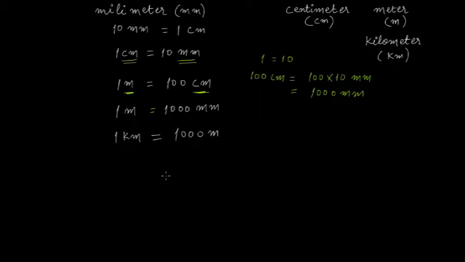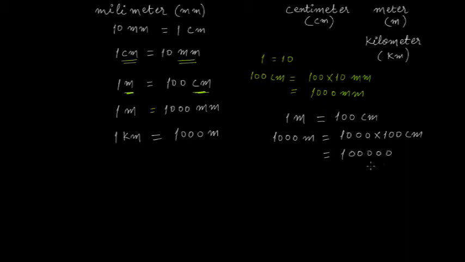Now since 1 meter is equal to 100 centimeter, 1000 meter would be equal to 1000 into 100 centimeter. 1 meter was equal to 100 centimeter, therefore 1000 meter would be equal to 1000 multiplied by 100 centimeter, and this would come to 1,00,000 centimeter.